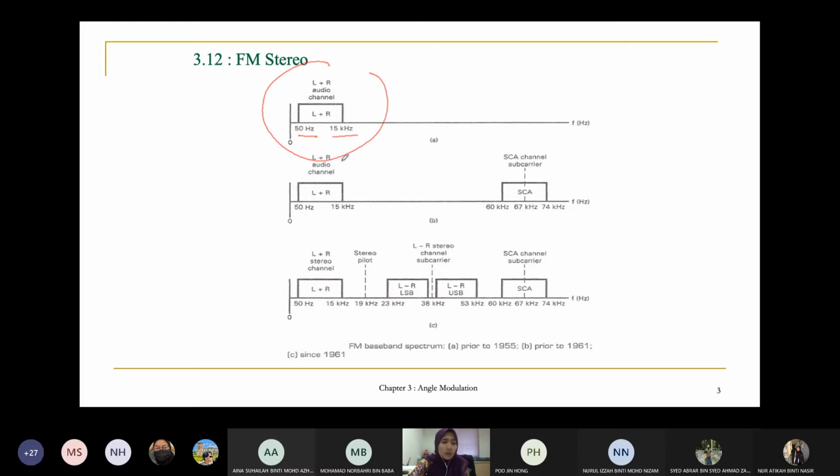Then prior to 1961, we were still using monophonic transmission because you only have one channel, but there is another channel called the SCA channel, sub carrier.